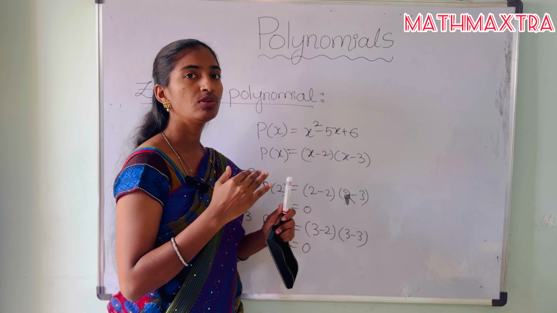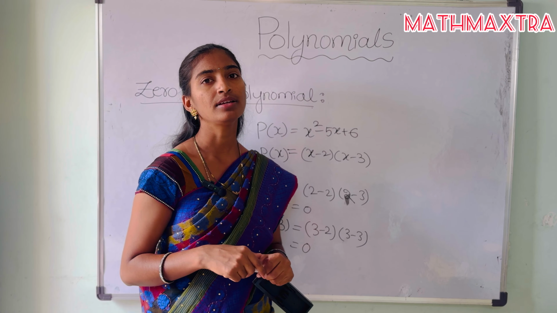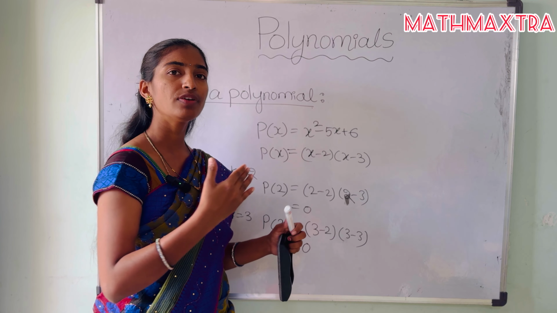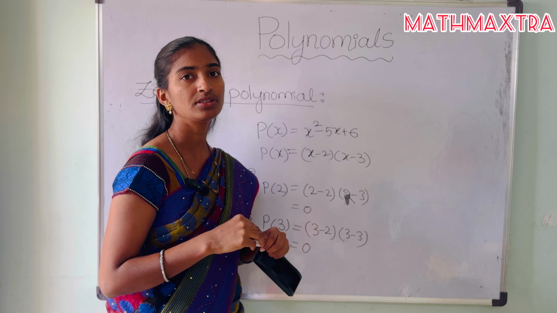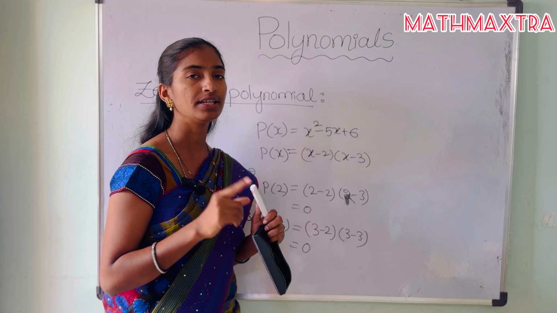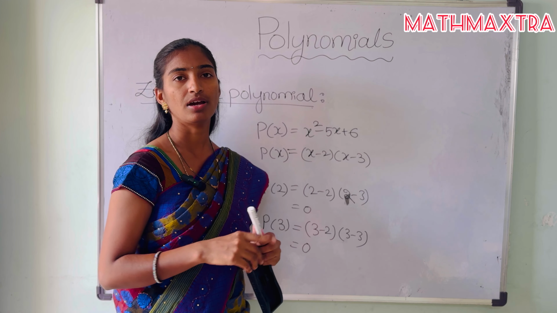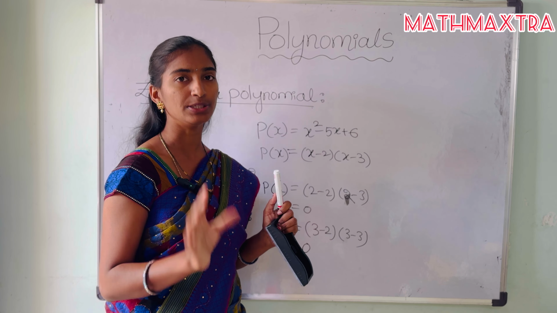So how many zeros are there for a cubic polynomial? See, as the degree of a cubic polynomial is 3, it has at most 3 zeros. Yes, and we have to check only one thing, that is for a constant polynomial, the number of zeros of that polynomial is 0.